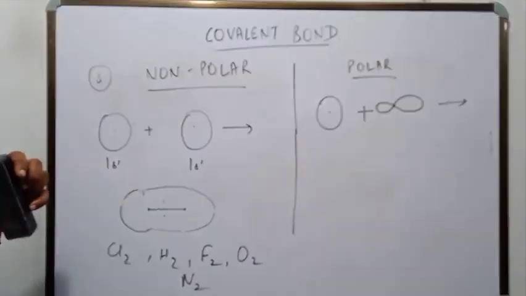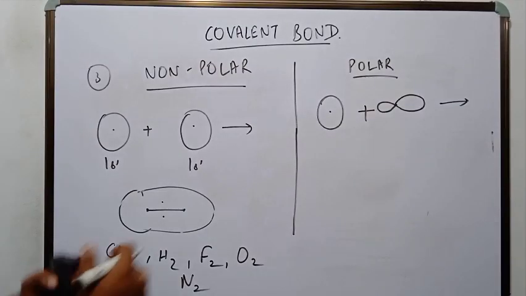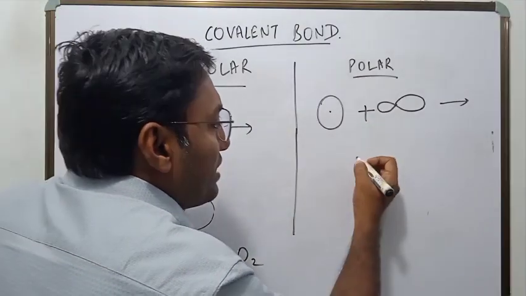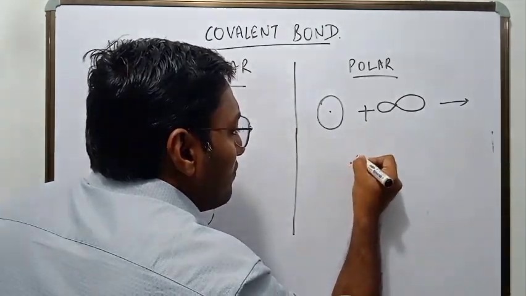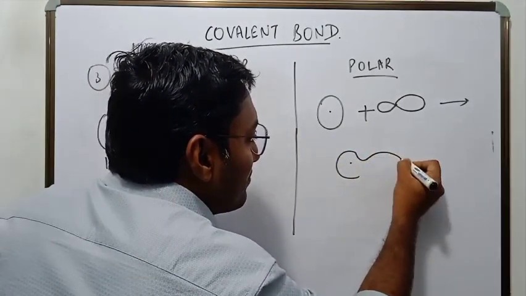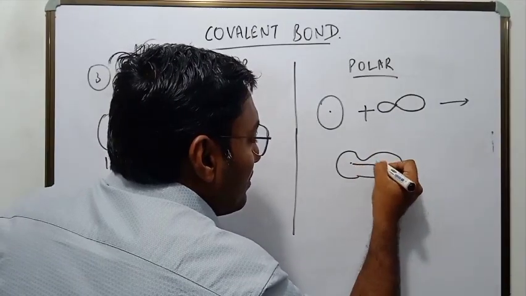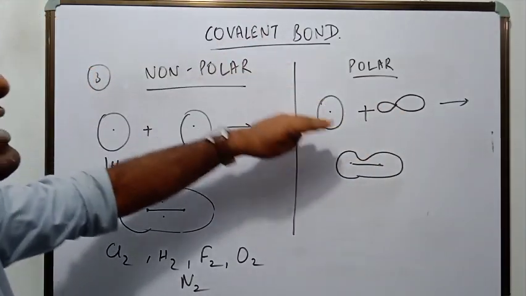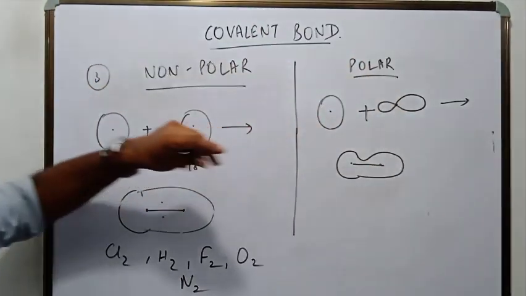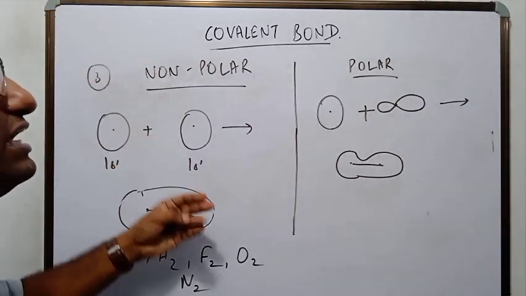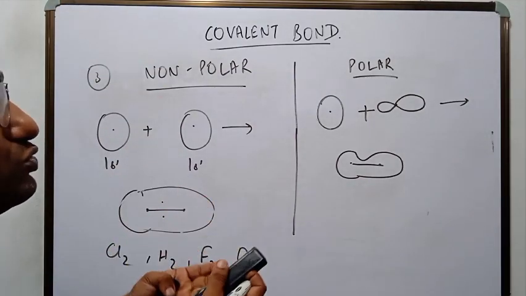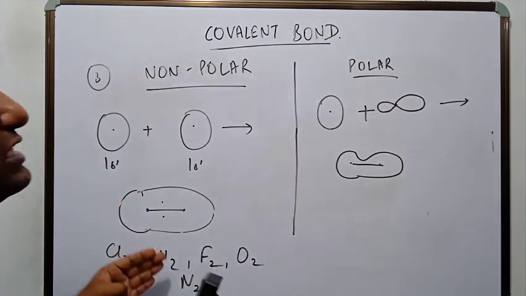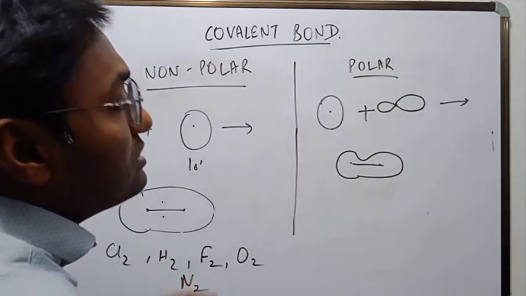Non-identical atoms of different electronegativity approach each other and go for mutual sharing of electrons, and the shared pair of electrons is deviated or oriented towards the more electronegative atom.